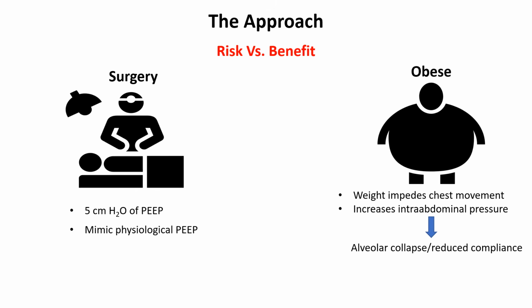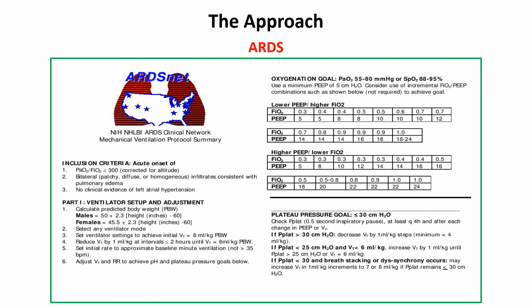Studies suggest that PEEP more than 10 centimeters water may be necessary to prevent atelectasis and optimize ventilation in obese patients. For ARDS, the ARDSNet ventilation strategy remains a pragmatic approach to setting PEEP in most mechanically ventilated patients.